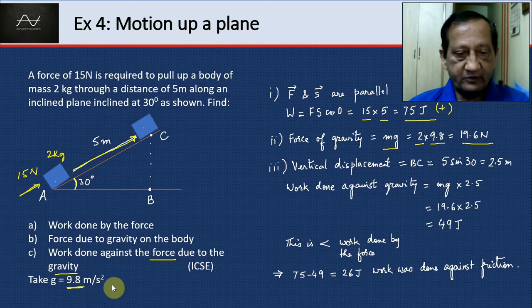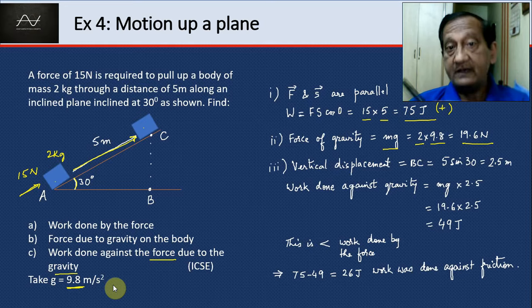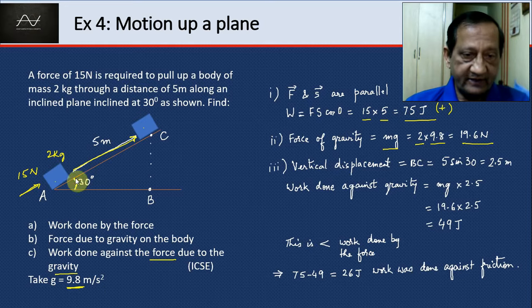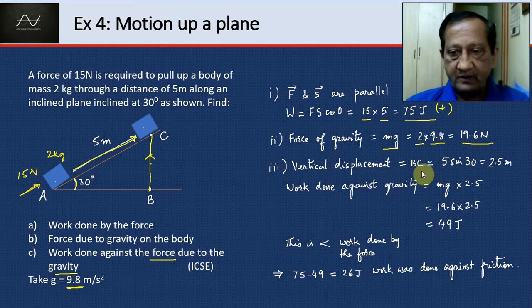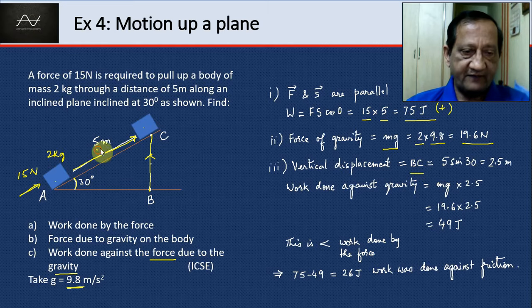Now, when you're talking of work done by gravity or work done against gravity, only the vertical displacement matters. So the vertical displacement is this one, BC. How much is that? 5 sine 30, because sine 30 is equal to BC upon 5.